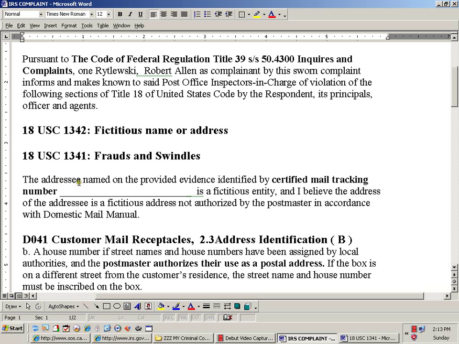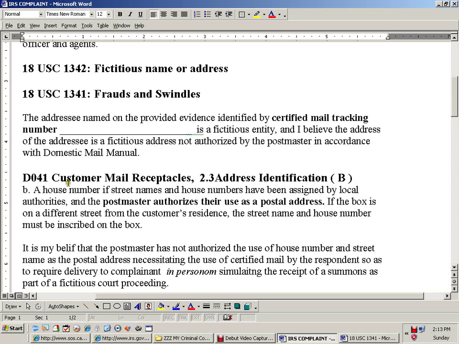And the addressee, me, named on the provided evidence, identified by certified mail tracking number, which I have, is a fictitious entity. And I believe the address of the addressee is a fictitious address, not authorized by the postmaster in accordance with Domestic Mail Manual, D041, Customer Mail Receptacles, 2.3, Address Identification, subsection B, a house number, if street names and house numbers have been assigned by local authorities and the postmaster has authorized their use as postal address.